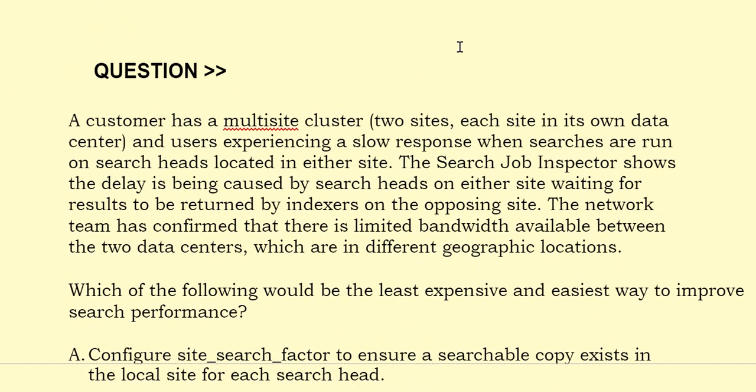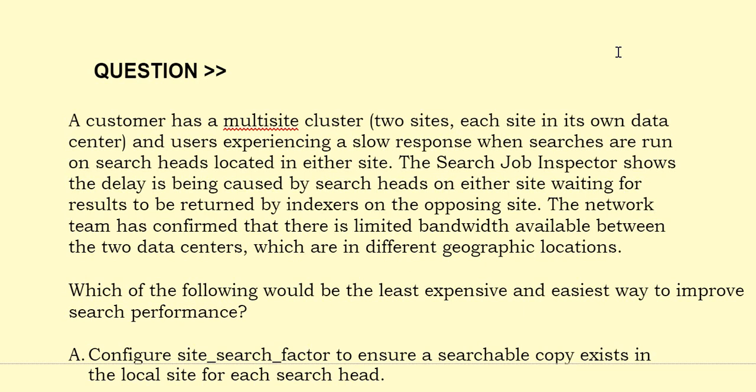A customer has a multi-site cluster, two sites, each site in its own data center, and users are experiencing a slow response when searches are run on search heads located on either site. The search job inspector shows the delay is being caused by search heads on either site waiting for results to be returned by indexers on the opposing side.